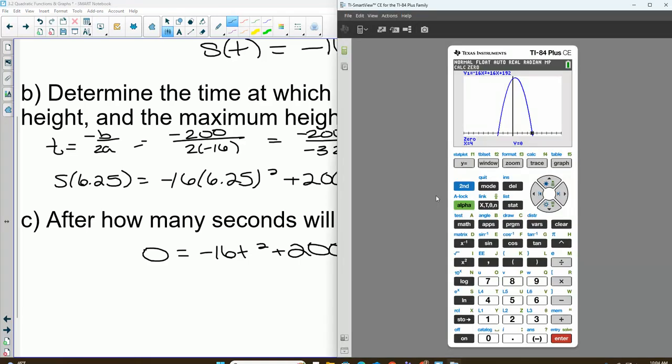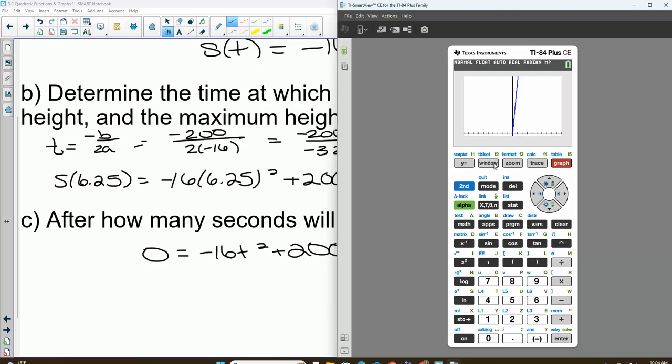If you were choosing to use your calculator, since we're trying to practice that trick, we enter our equation, negative 16, we have to use x squared plus 200x.